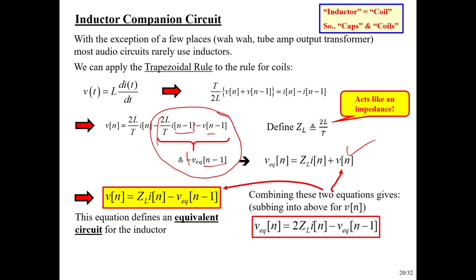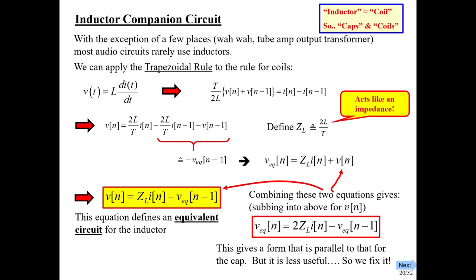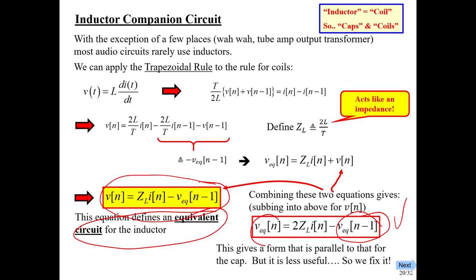And now I'm going to plug all of this into here for V of n and combine those, and I get something that looks like that. So now this is a parallel form. I've got a KVL equation that describes an equivalent circuit, and I've got something here that is updating VEQ given I of n.